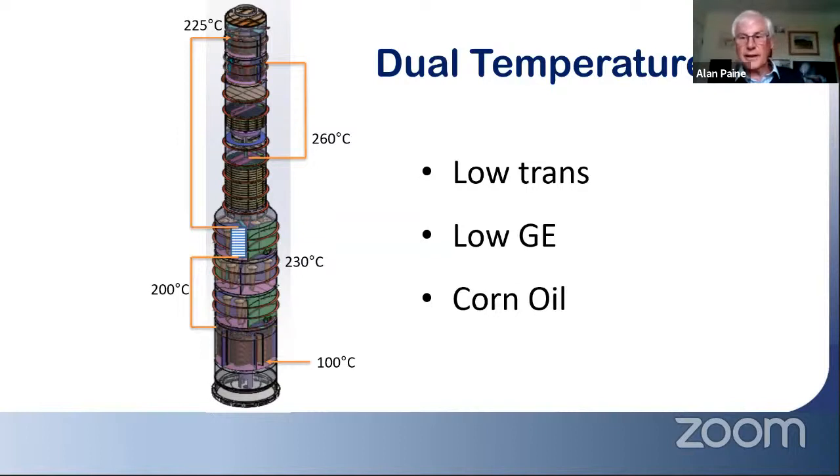Trans isomers form quickly in the stripping column, but are limited by the short residence time. The rest of the process then proceeds at a lower temperature at which little trans is produced. It's also possible to use this approach to control the formation of glycidyl esters, GE, and to limit the formation of excess acidity in corn oil.